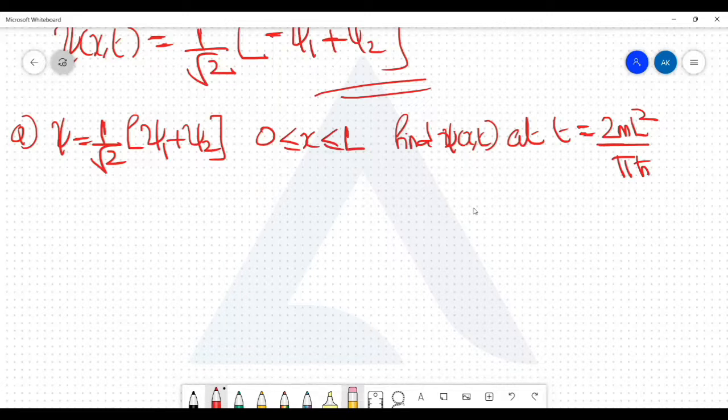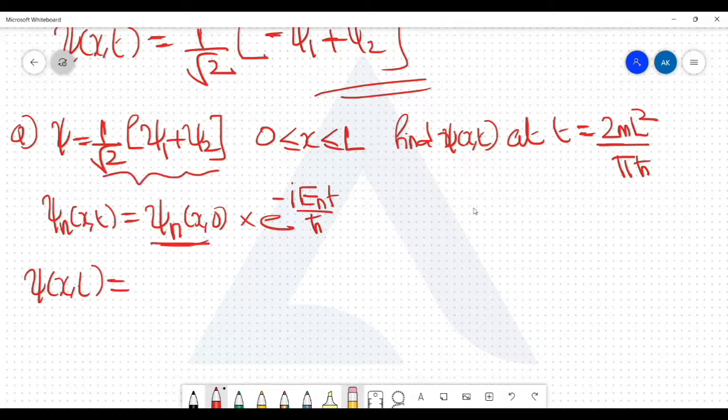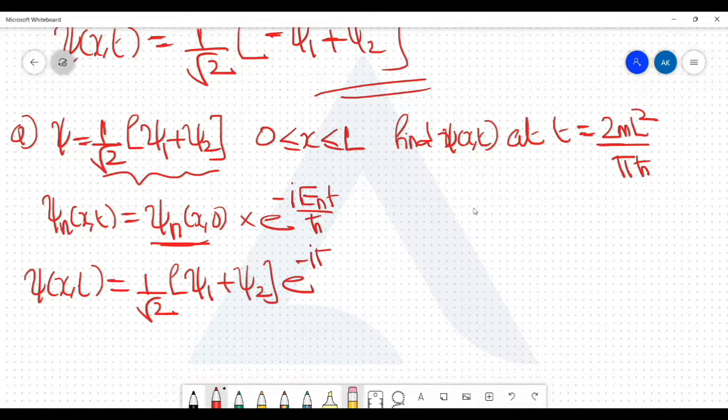Okay. So psi n of x,t equal to psi n of x naught into e raised to minus i E n t by h cross. This is our equation. Now substitute: psi of x,t equal to 1 by root 2 psi 1 plus psi 2 into e raised to minus i E n t by h cross.